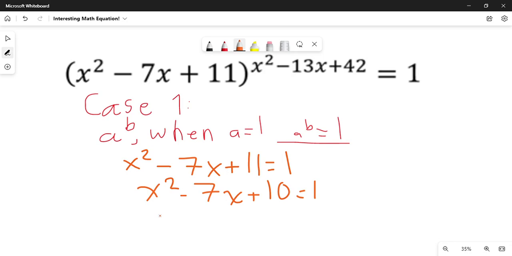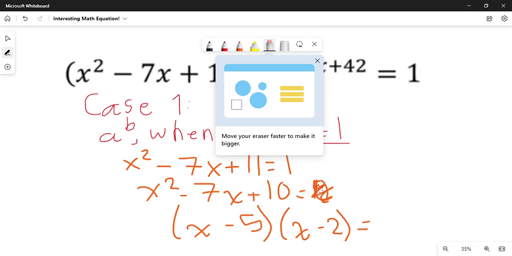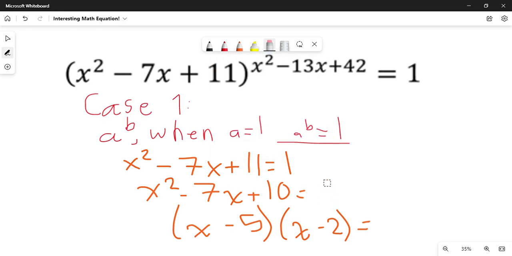And we can factor this as x minus 5 times x minus 2 is equal to 0. Sorry about that, that's supposed to be a 0.